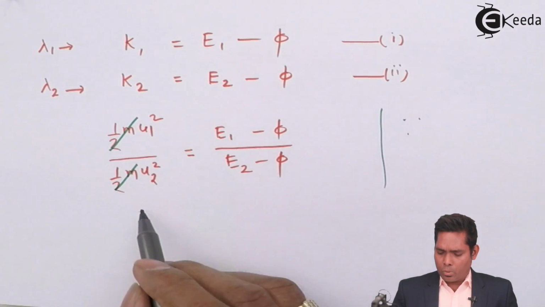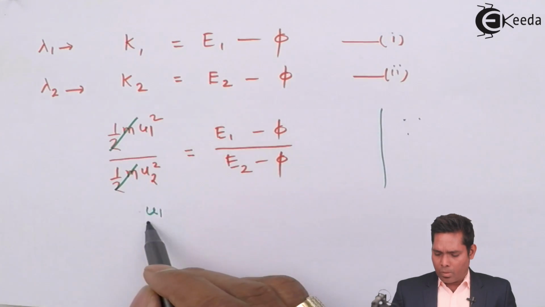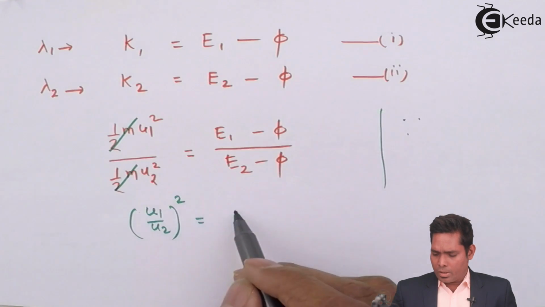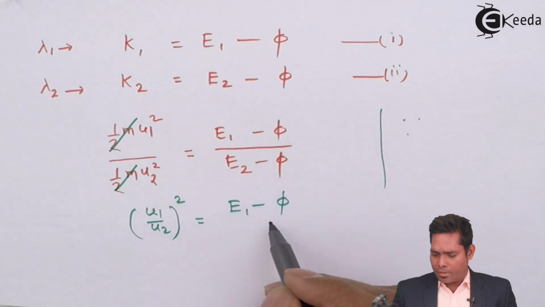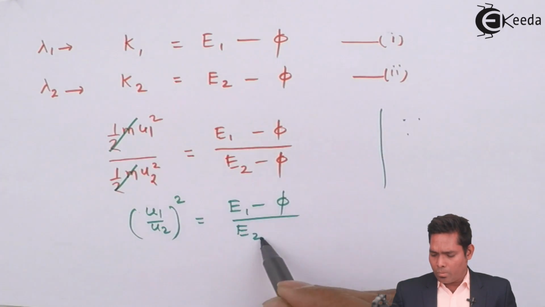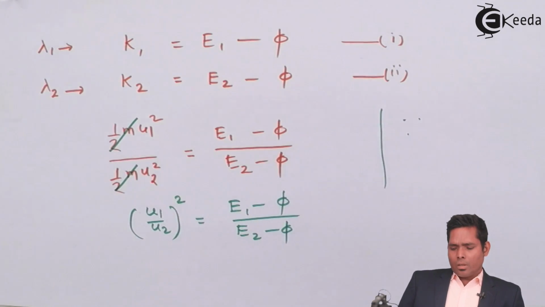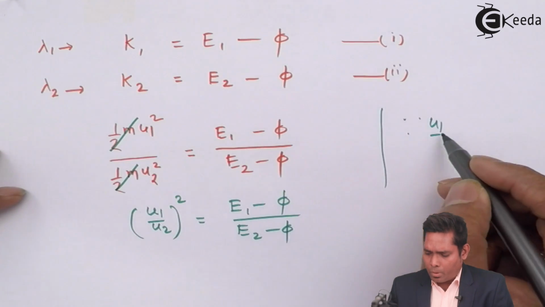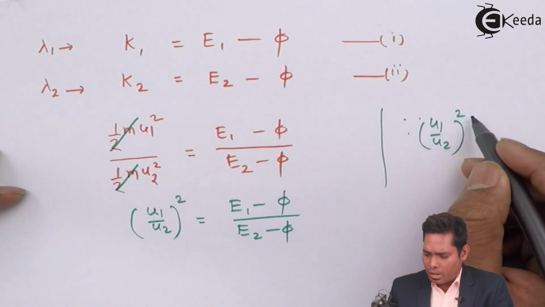So u1 upon u2 whole square, which is E1 minus phi divided by E2 minus phi, is 4.